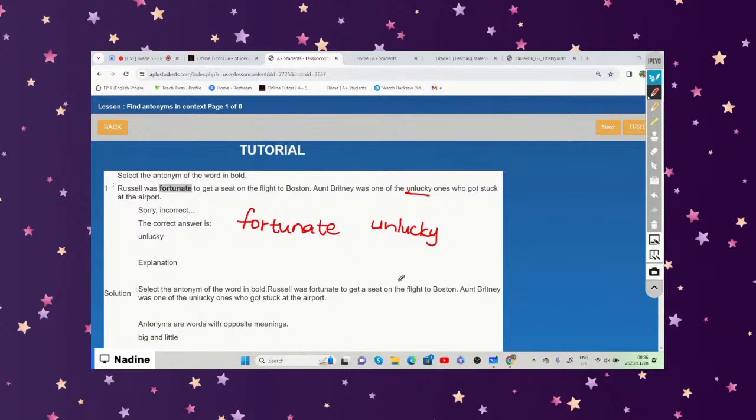So the opposite of fortunate is unlucky, which means that the antonym of fortunate is unlucky, or the antonym of unlucky is fortunate. These two are opposite, right?